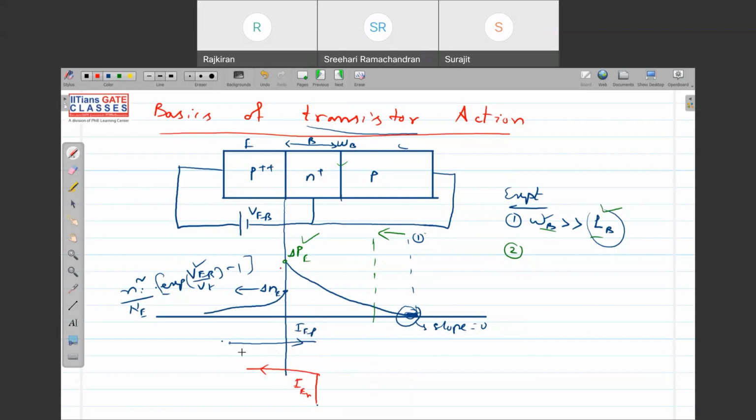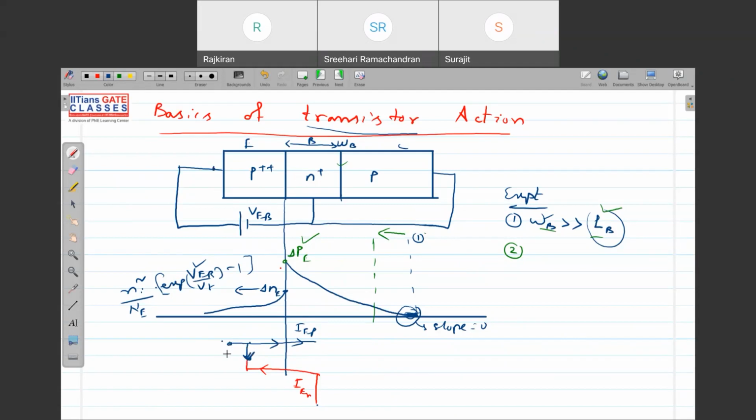We know since the electrons are more here, after they are injected, they will recombine with the holes, right or not? So then they will recombine with the holes here. This emitter contact is providing the holes that have been injected, and also providing the holes which have been lost because of the recombination with the electrons injected from base.